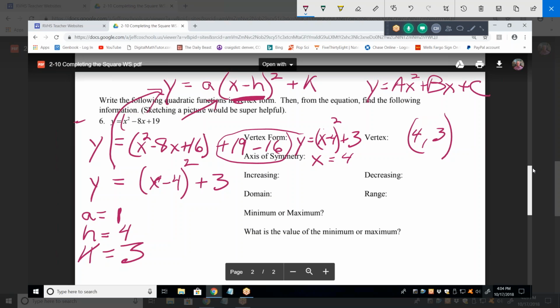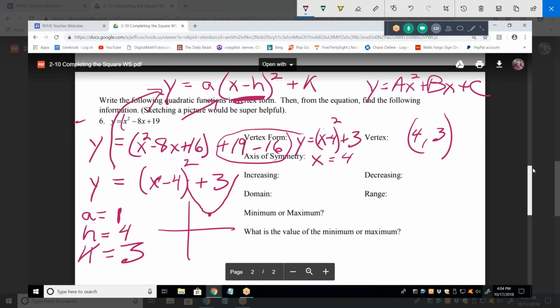So if we want to graph that, we know the vertex is approximately right there. Does it go up or down? It goes up. On what interval is it increasing?